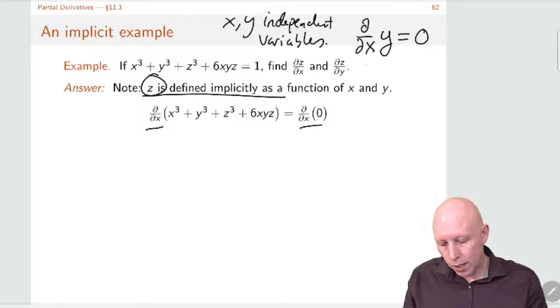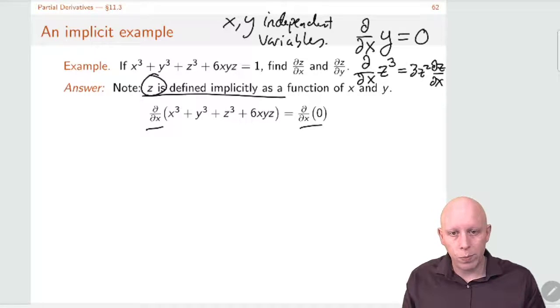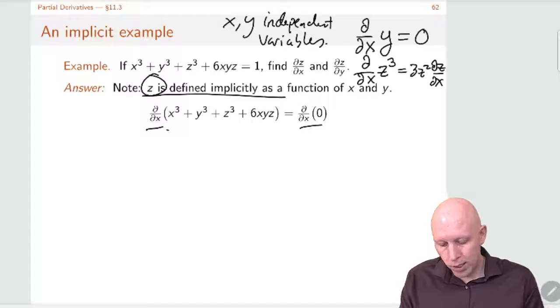On the other hand, if we have the derivative with respect to x of some function of z, like z cubed, then the partial derivative with respect to x of z cubed is going to be 3z squared, but then you need to take the derivative with respect to x of z. So that tacks on a del z del x term. So let's now go through and do this calculation.